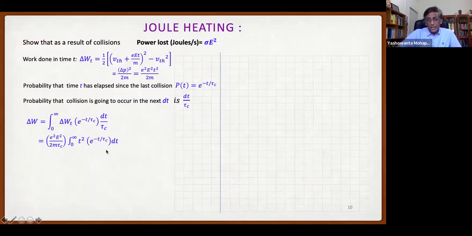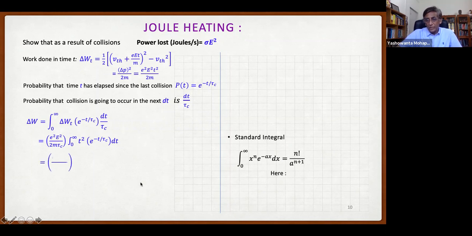Now, this is a standard integral. In fact, you have seen this integral in my first home assignment itself. The integral of x to the power n e to the power minus ax dx is n factorial by a to the power n plus 1.